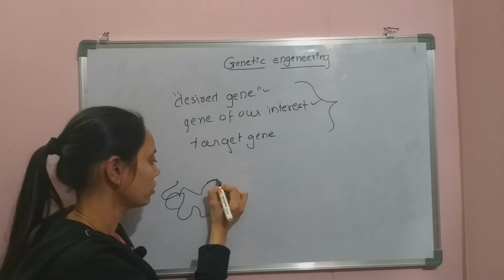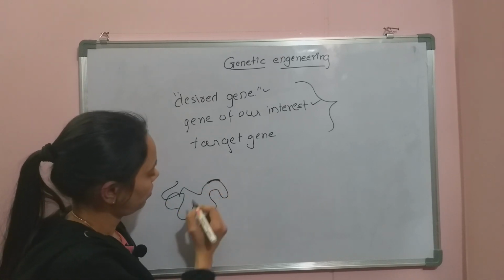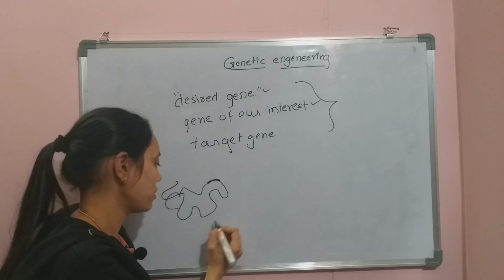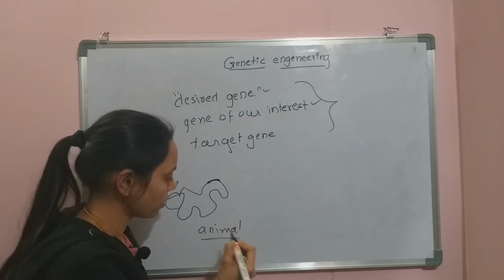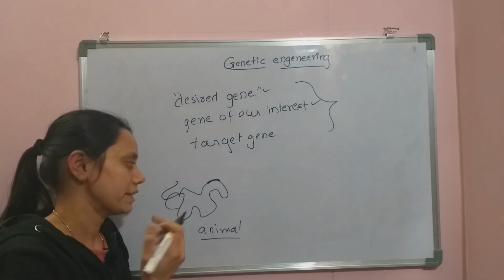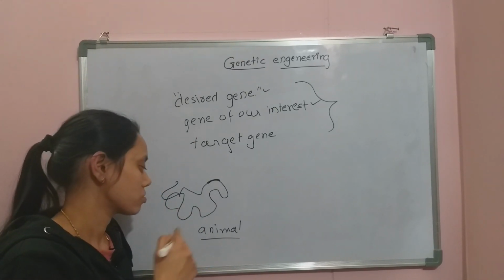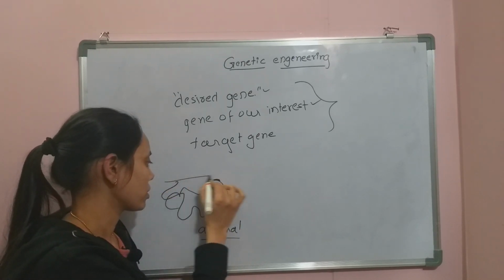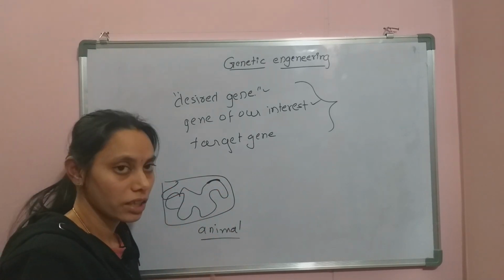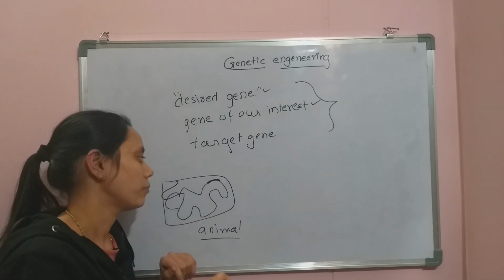Let us consider that this gene of our interest may be found in a plant or maybe an animal. This animal is the source organism for the desired gene. Here we need to isolate the whole genome of the organism, that means the DNA of the organism needs to be isolated.